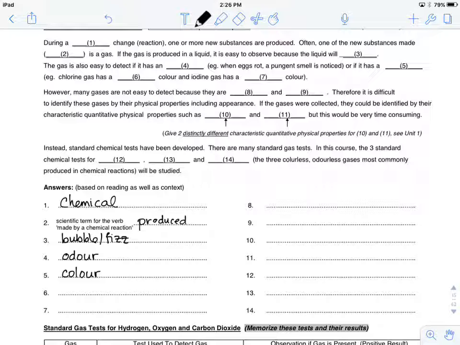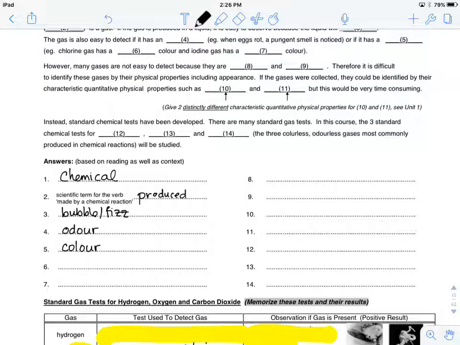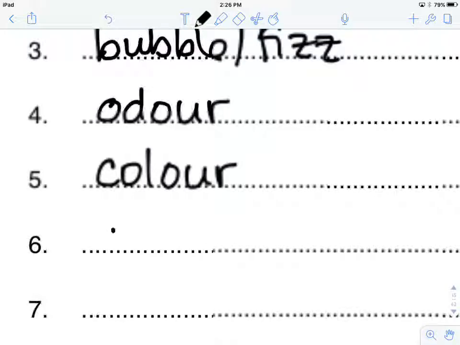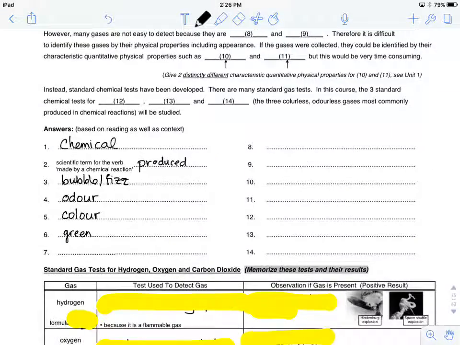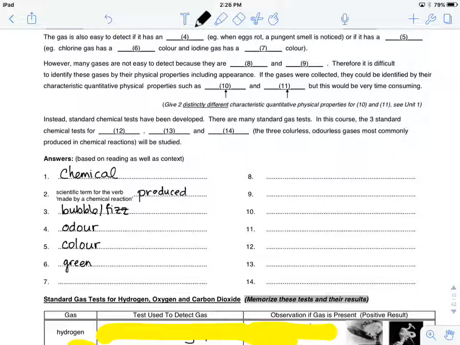For example, does anyone remember what color chlorine gas is? Yeah, green, that's right. And iodine gas, this one's a little bit tougher. Iodine gas is purple, yeah.